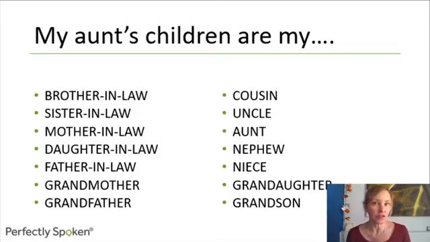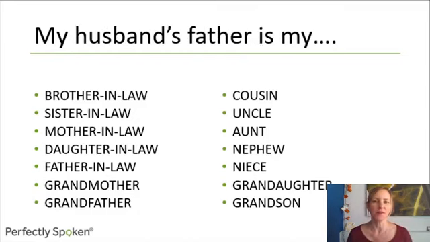My aunt's children are my cousins. Here it's plural. Okay. Cousins. Because we're saying children, not child. Children, cousins. Okay. My husband's father is my, yes, father-in-law.